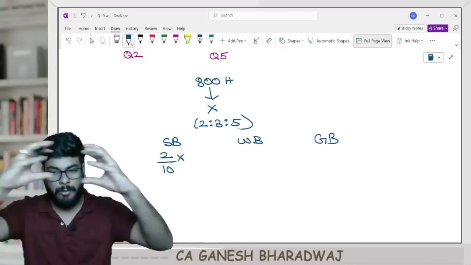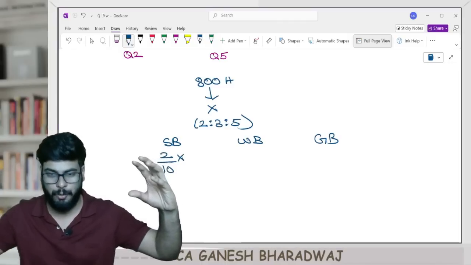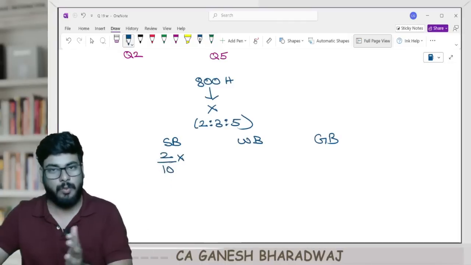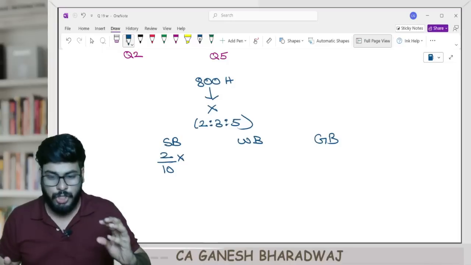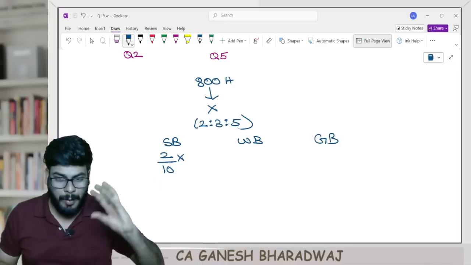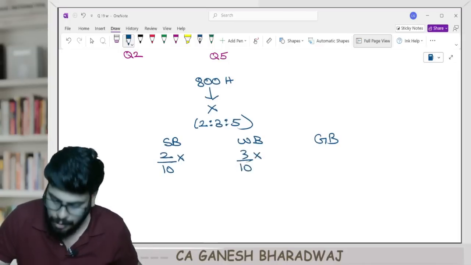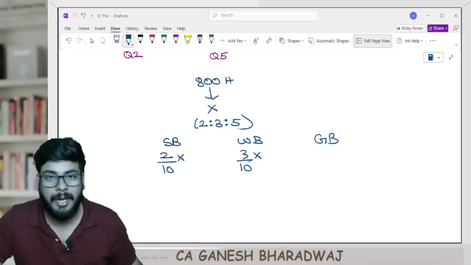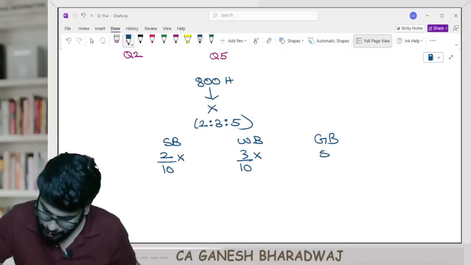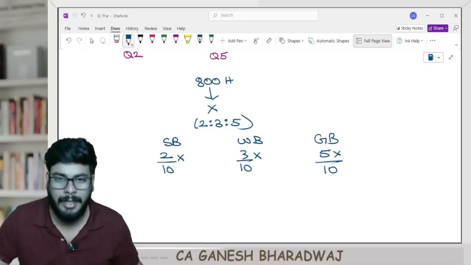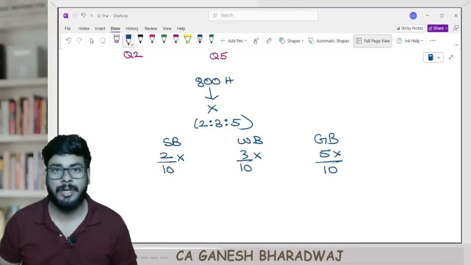X is the total number of units of A plus B plus C put together, that is school bag plus water bottle plus geometry boxes put together. So school bag will be 2 by 10 into X. Water bottle will be 3 by 10 into X, or 3X by 10. And my geometry boxes will be 5X by 10. Correct? So 5 by 10 into X. Are you clear with this?